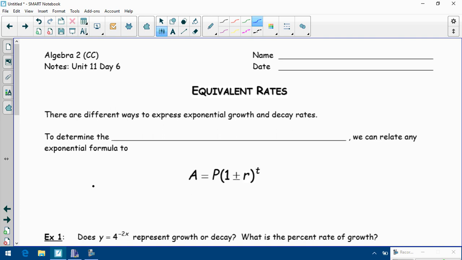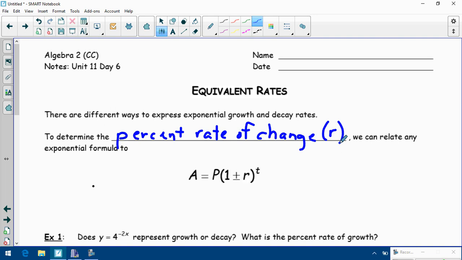To determine the percent rate of change, which essentially is that R value, we can relate any exponential formula to that formula we talked about yesterday. So it's similar to what we did in the warm-up. We found the percent rate of change in the warm-up, but some of the questions today are going to look a little bit less straightforward than that.